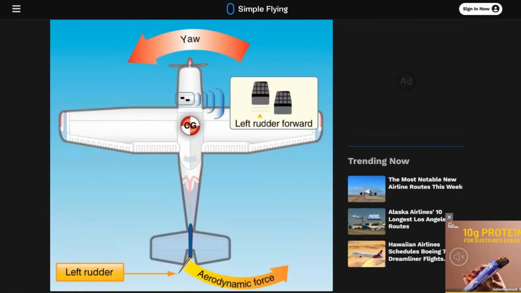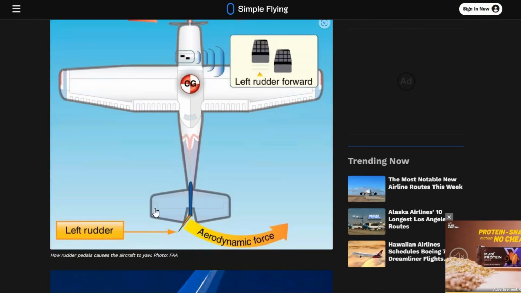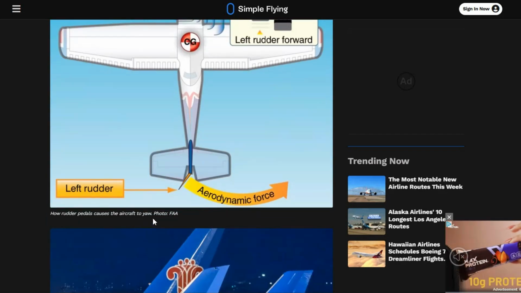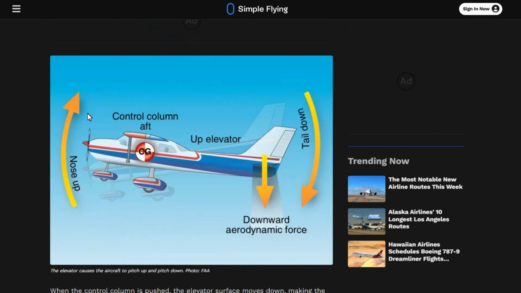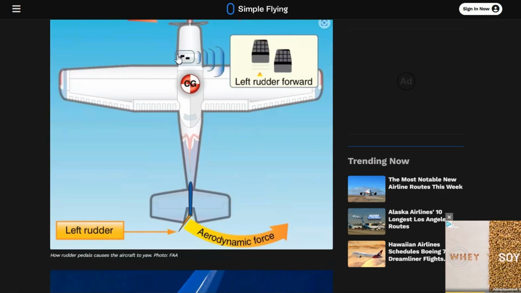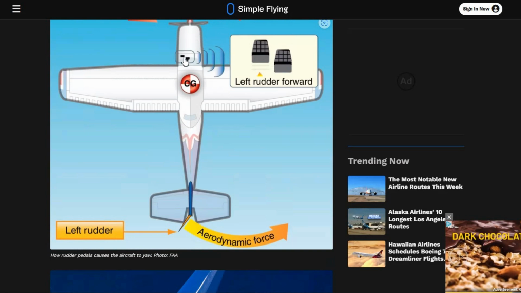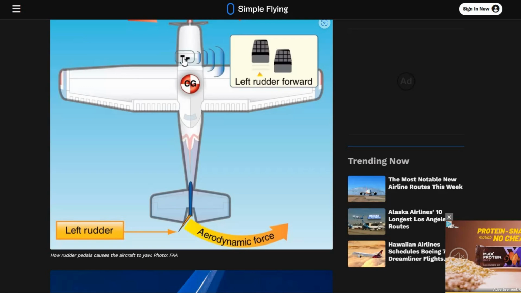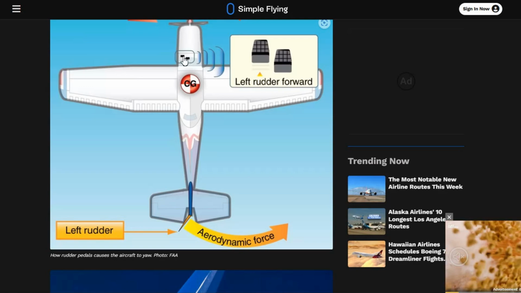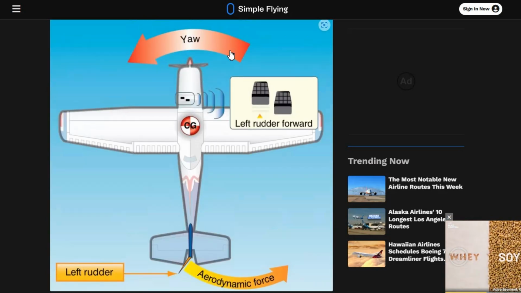And on the other hand, the horizontal stabilizer and the vertical stabilizer carry the elevators and the rudder. The rudder is controlled by the rudder pedals. There are two pedals inside the cockpit, near the feet of the pilot, and this produces a yawing movement.